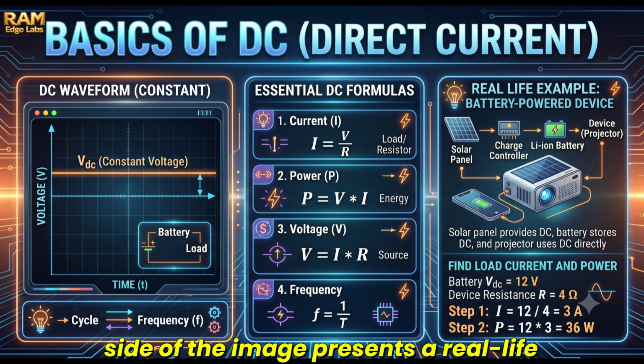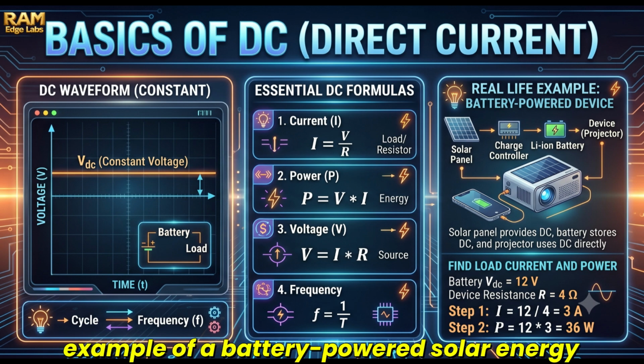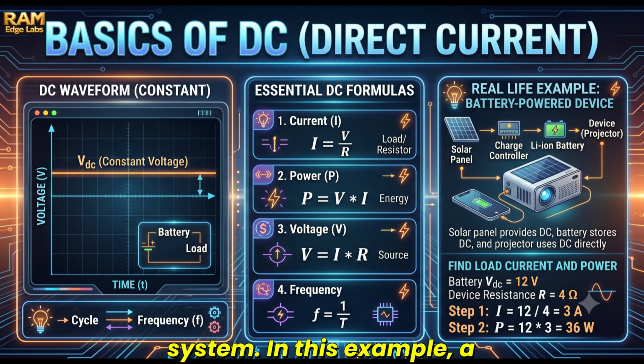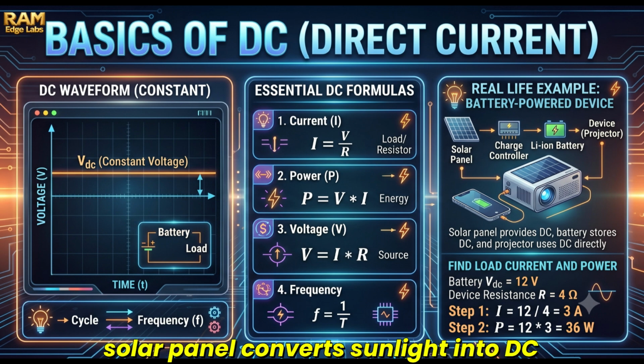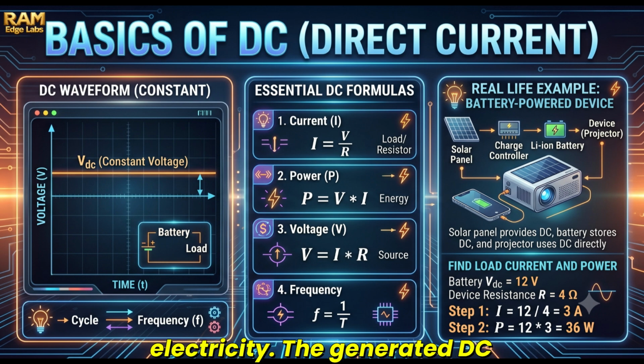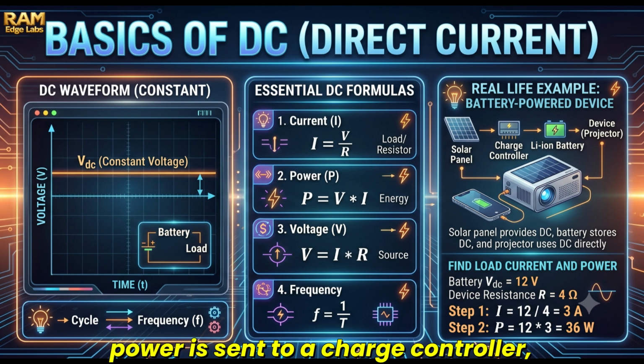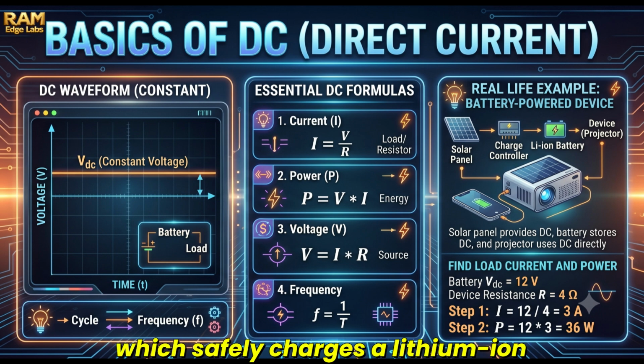The right side of the image presents a real-life example of a battery-powered solar energy system. In this example, a solar panel converts sunlight into DC electricity. The generated DC power is sent to a charge controller, which safely charges a lithium-ion battery. The battery stores the DC energy until it is needed.